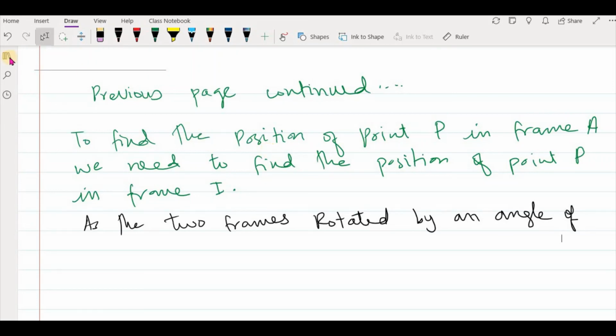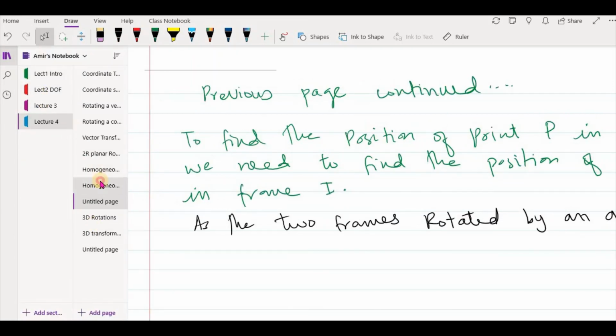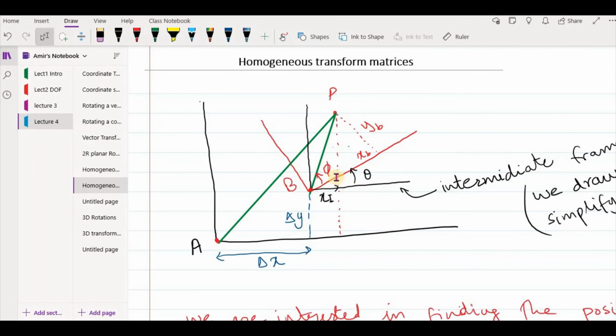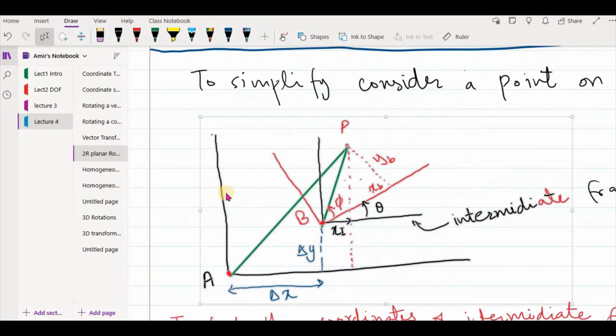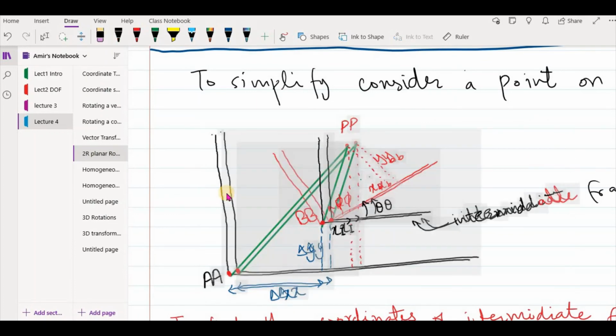Was it theta? What was the angle between them? Yes, so the two frames, the I frame and the frame B, are rotated by an angle theta. So let's mention here this is the frame I. Also in the previous diagrams we have to write this is frame I.